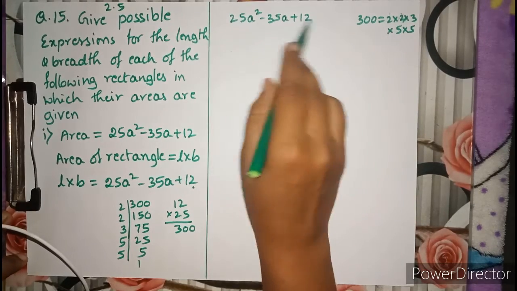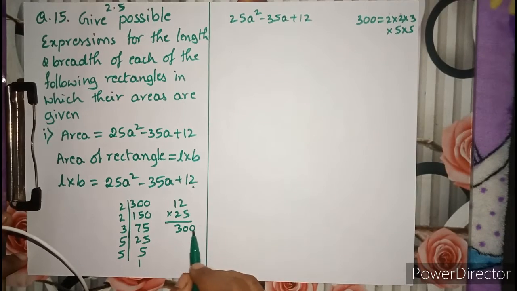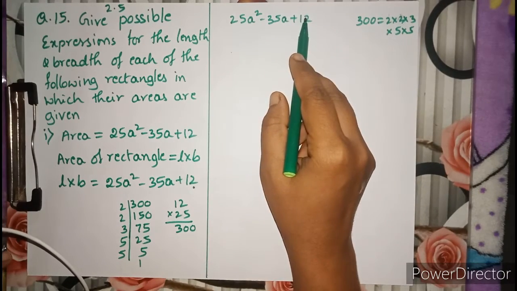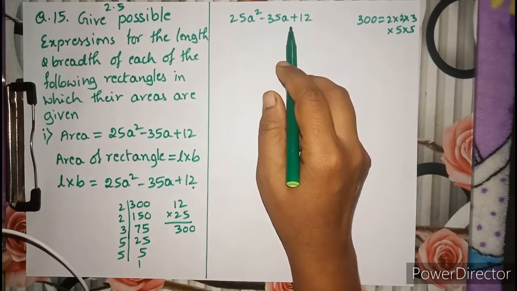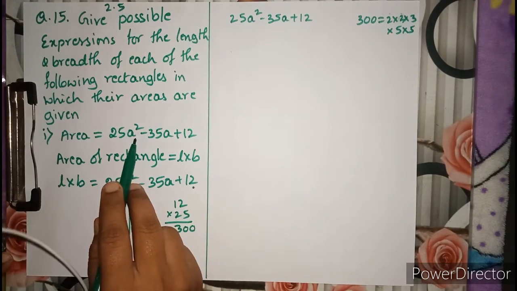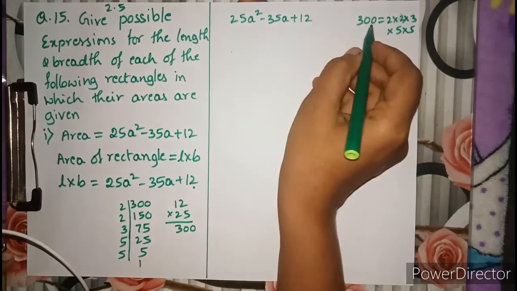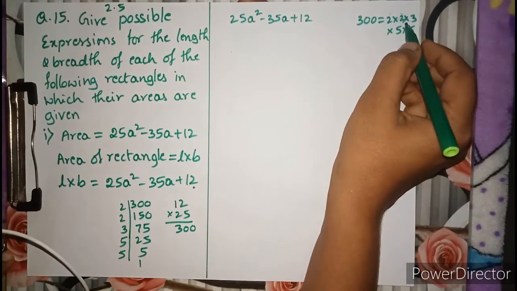We multiplied 25 and 12 and got 300. Guys, I'll explain slowly and point to point so that you can solve other examples relating to it. 25 into 12 is 300. We took factors of it.